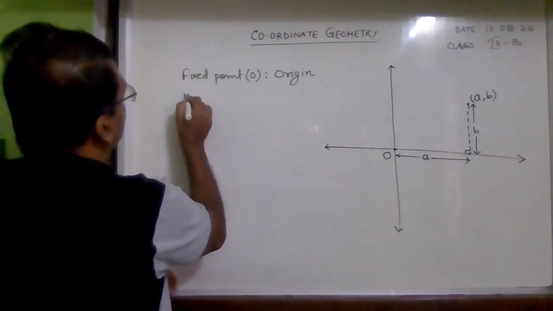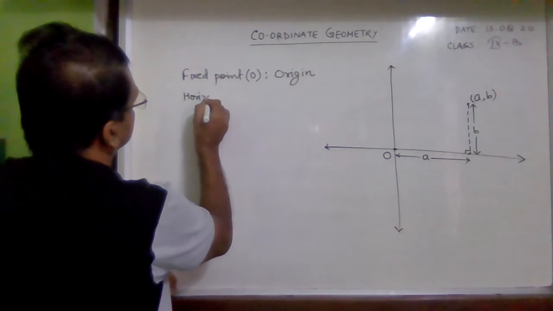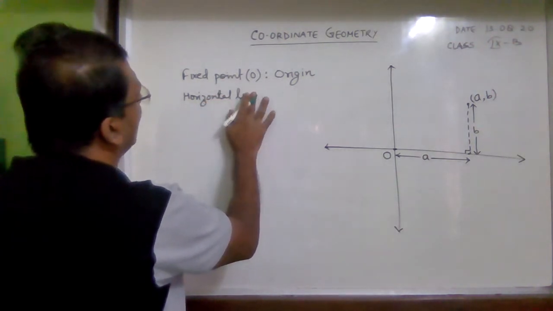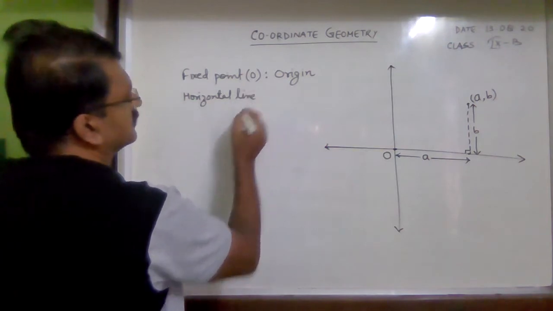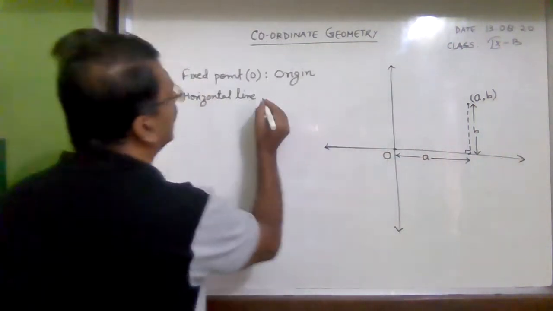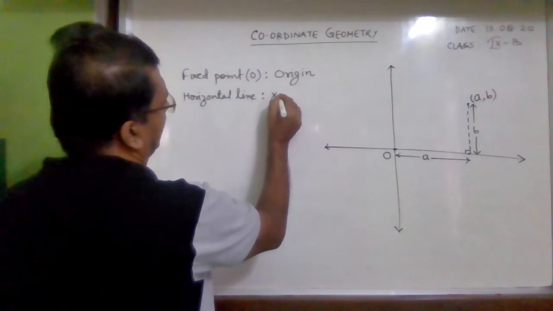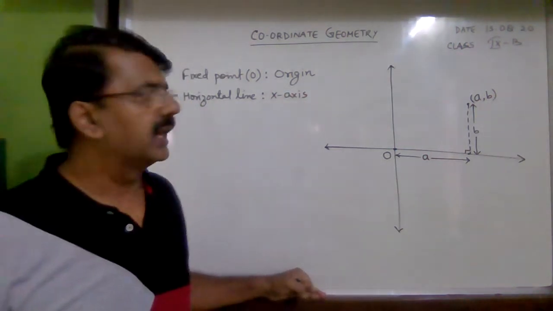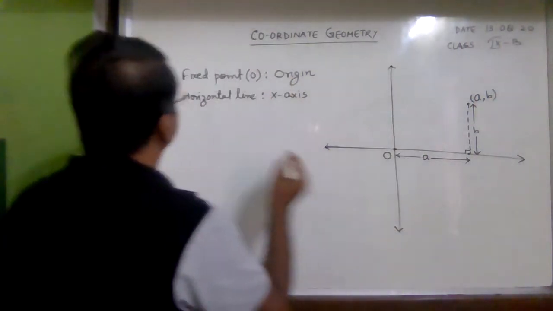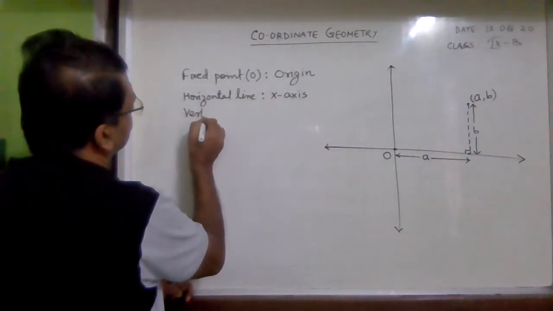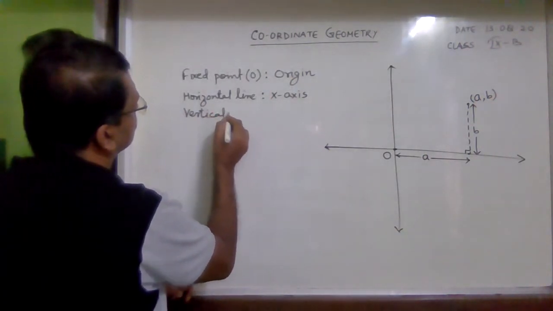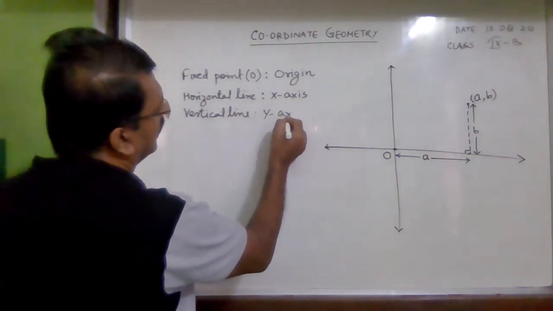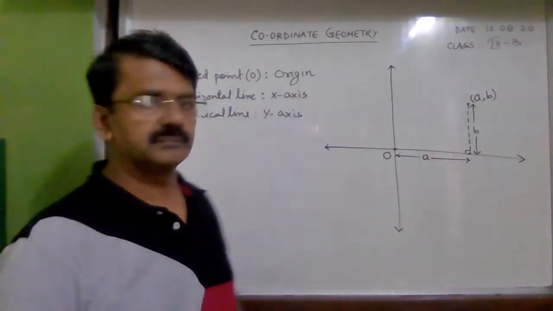The horizontal line is called the x-axis. Clear? And this vertical line is called the y-axis.